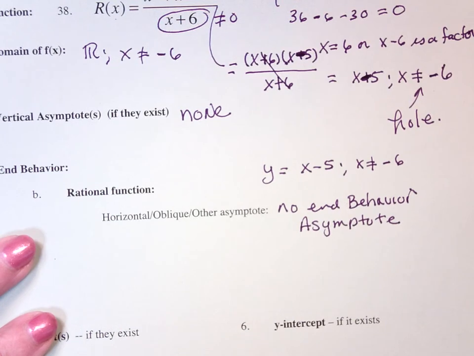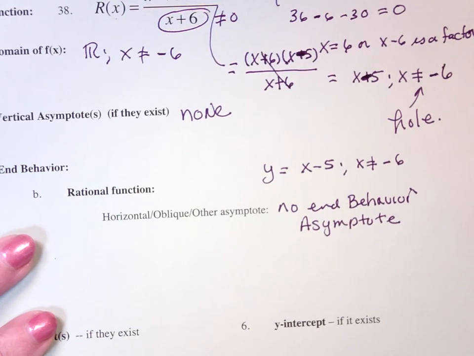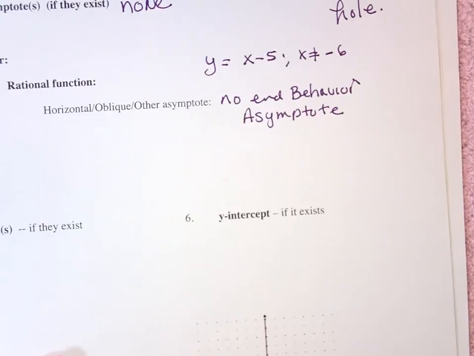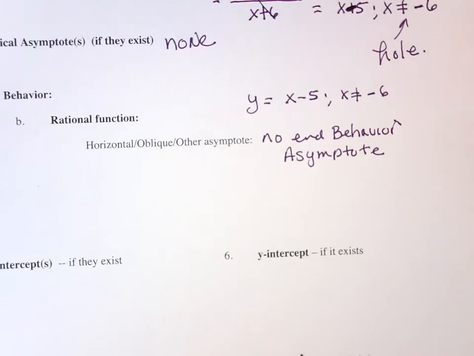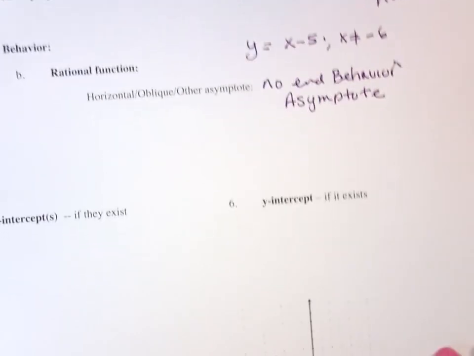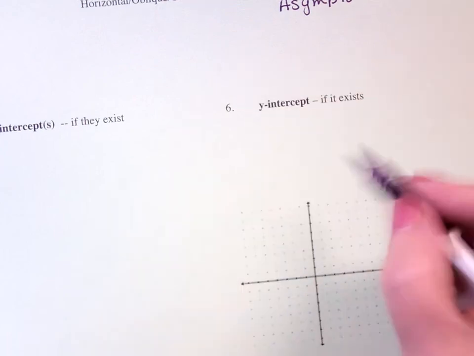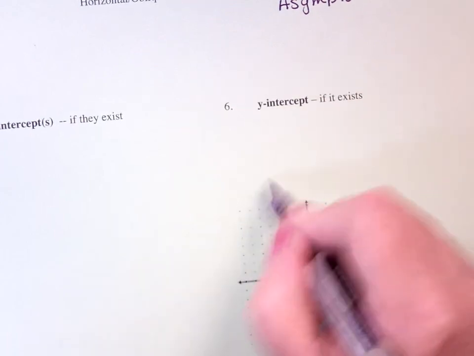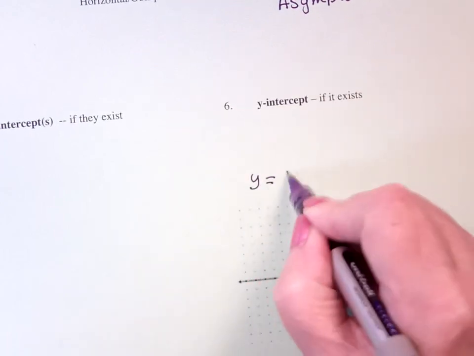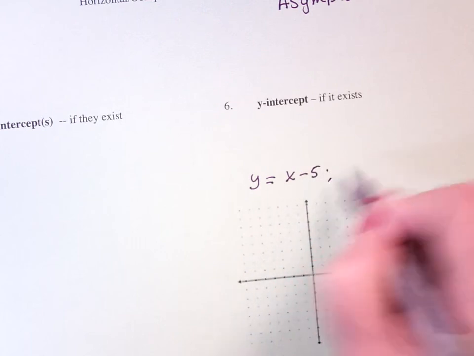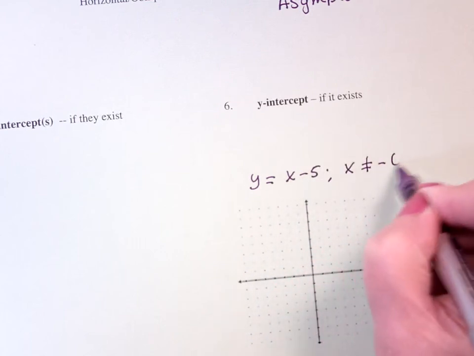You don't have an OA, you don't have an HA. You don't even have a VA. Now, if I want to take a look then at the graph, I'm going to be graphing y equals x minus 5, where x can't be negative 6.